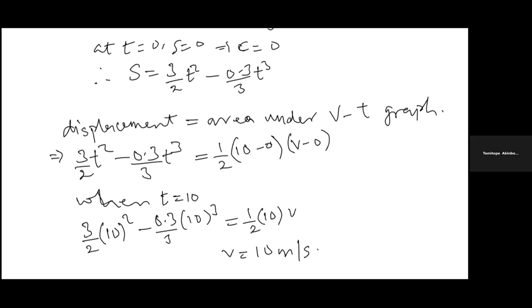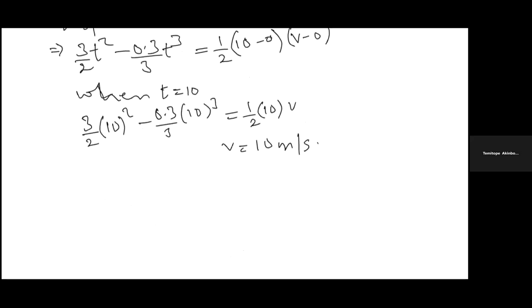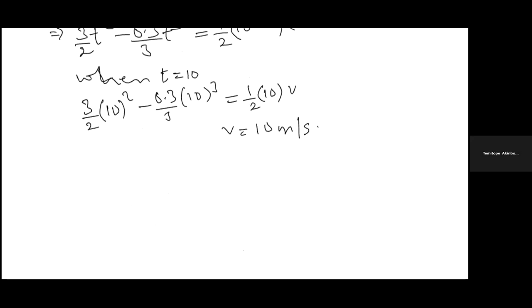So question B says we should find what? We should find the value of t in the interval 0 to 5, for which the acceleration of Q is the same as the acceleration of P. What's acceleration? dv dt. Okay. So that means we will now differentiate the velocity function given to us.